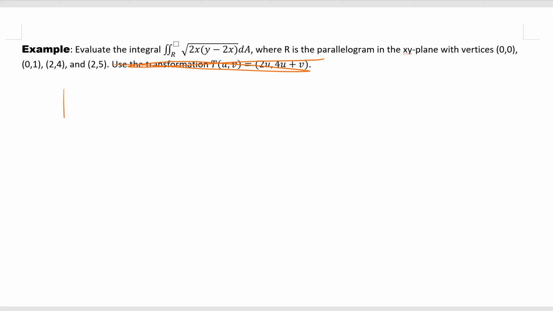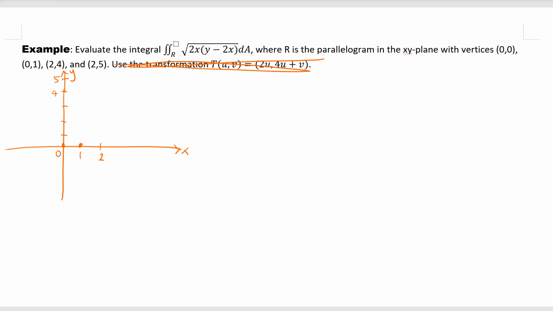First, let's draw some picture. Let's say 1, 2, 3, 4, 5 and 0, 1, 2. So the parallelogram, this is the xy plane. We have (0, 0) and (0, 1).